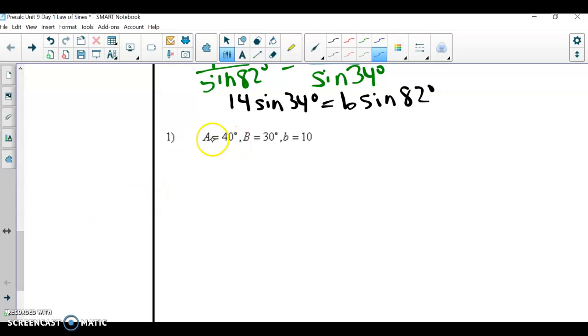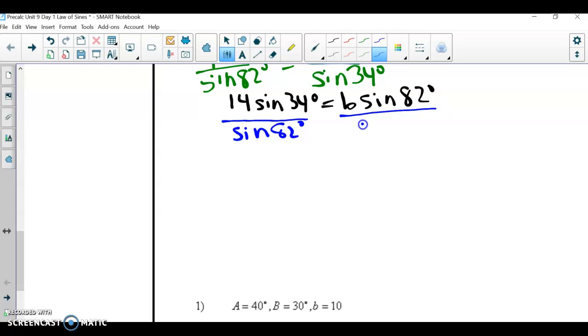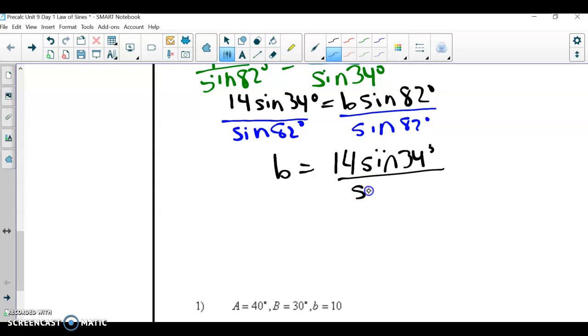Okay. So if you want to write out the equation, B is going to equal 14 times sine of 34 divided by sine of 82.